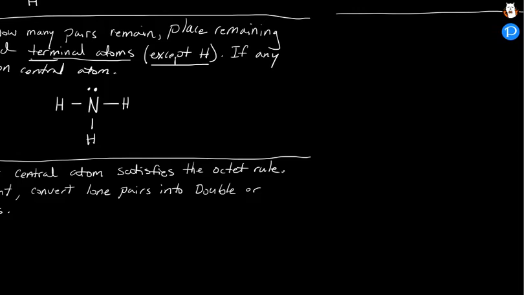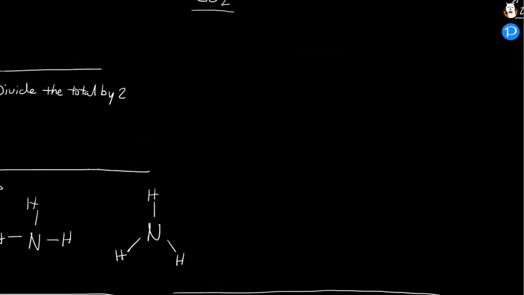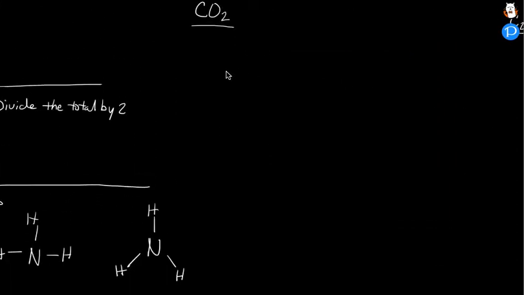Let's try another one. CO2. So our first step, figure out how many valence electrons total I have. Carbon, there's 1 atom of carbon here, and each atom of carbon has 4 valence electrons.